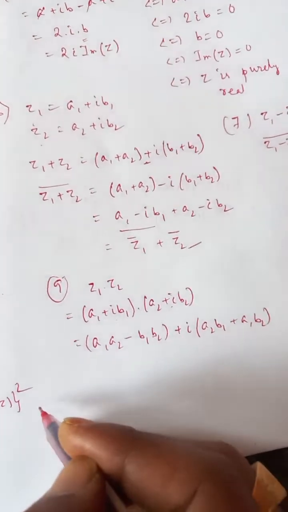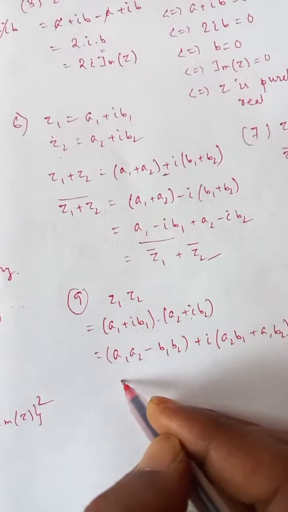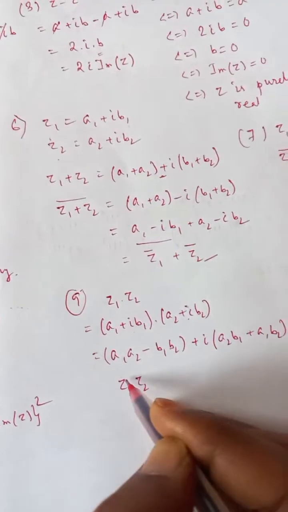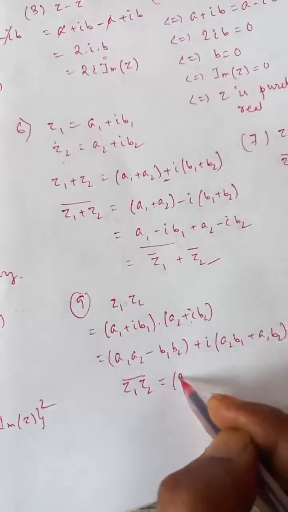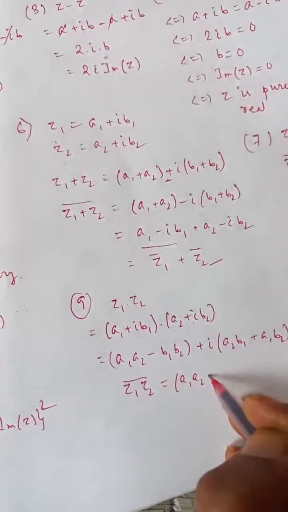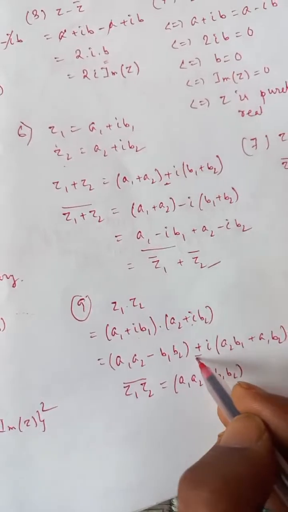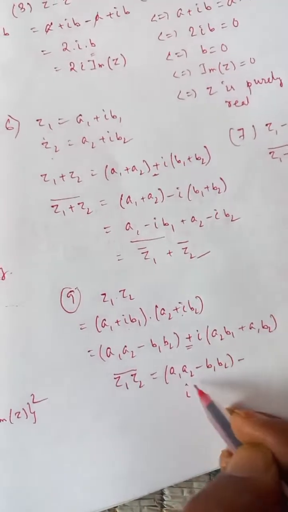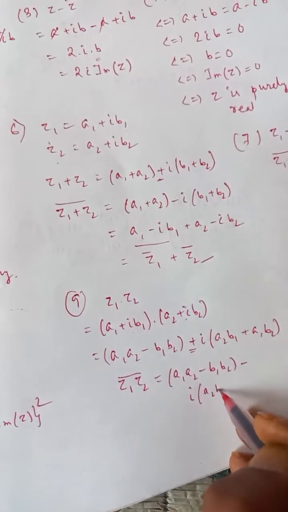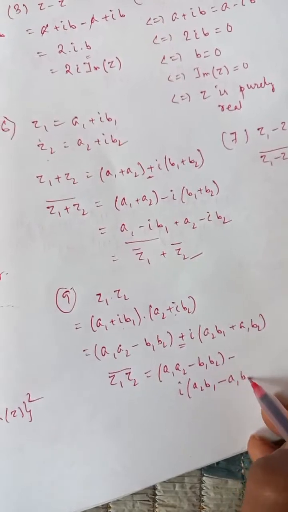Now if we take conjugate of this, the conjugate of z1 z2 will be a1 a2 minus b1 b2 minus iota times a2 b1 plus a1 b2.